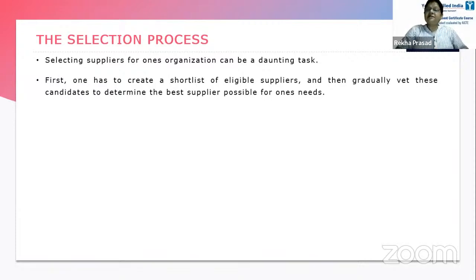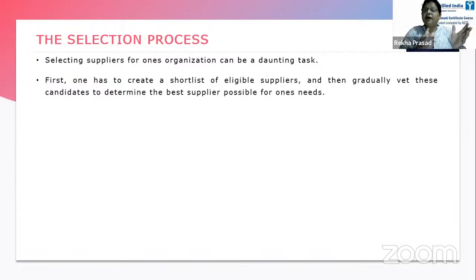So first thing is you make a short list of all the eligible suppliers. Then gradually, you have to be very careful in what you are looking for, what type of quality, what type of cost, time, schedule, all these things you are looking for. So which supplier will be able to fulfill all these things?